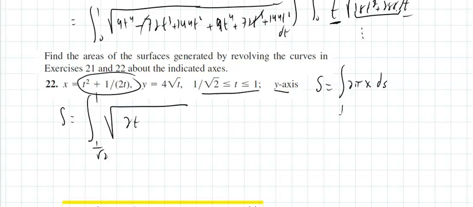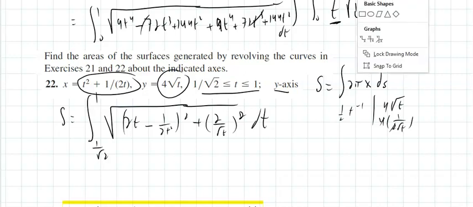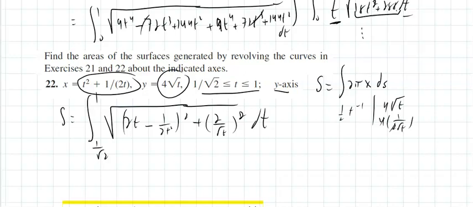And what's the derivative of 1/2 t to the negative 1? That's negative 1 over 2t squared, plus the derivative of 4 square root of t, 1 over twice square root of t. So that is 2 divided by square root of t, squared, dt. Again, setup, do not solve, you're done right there. But I just want to show you a bit, set it up for you to solve.